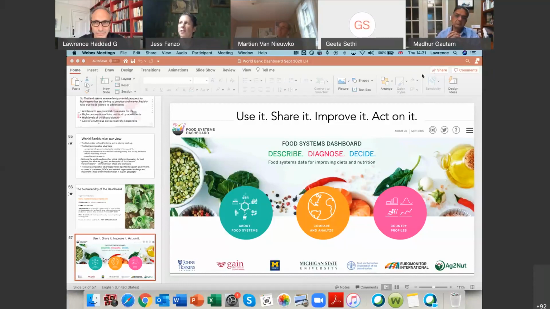So I think that also pertains to us a bit, in that the way we originally designed the dashboard was to look at indicators that were potentially in the long causal pathway for improving diets and nutrition and health outcomes specifically. But food systems, of course, have many other outcomes, and we're expanding that now to environment, to economic and livelihood.